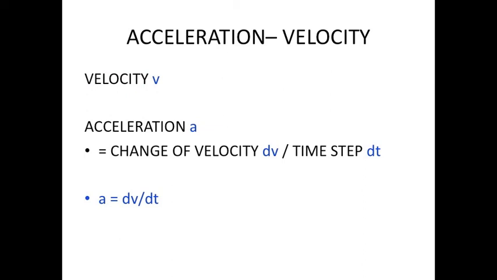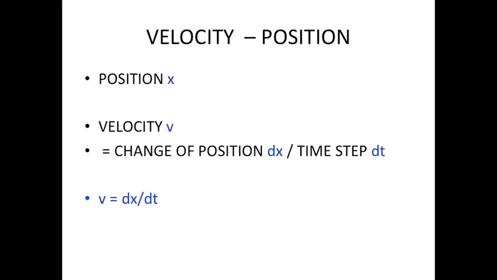We recall that acceleration a is equal to change of velocity dv per time step, that is, a is equal to dv over dt. Similarly, velocity v is equal to change of position dx per time step dt, that is, v is equal to dx over dt.